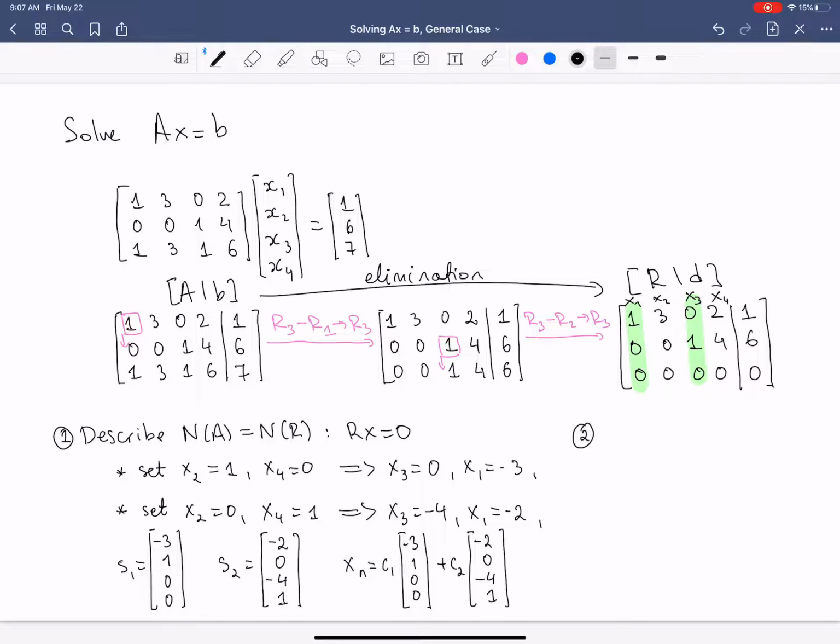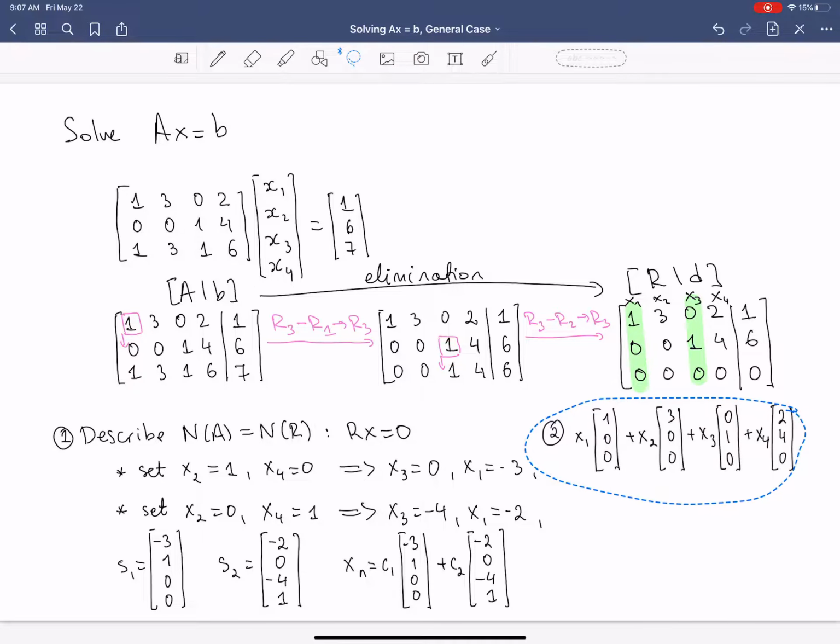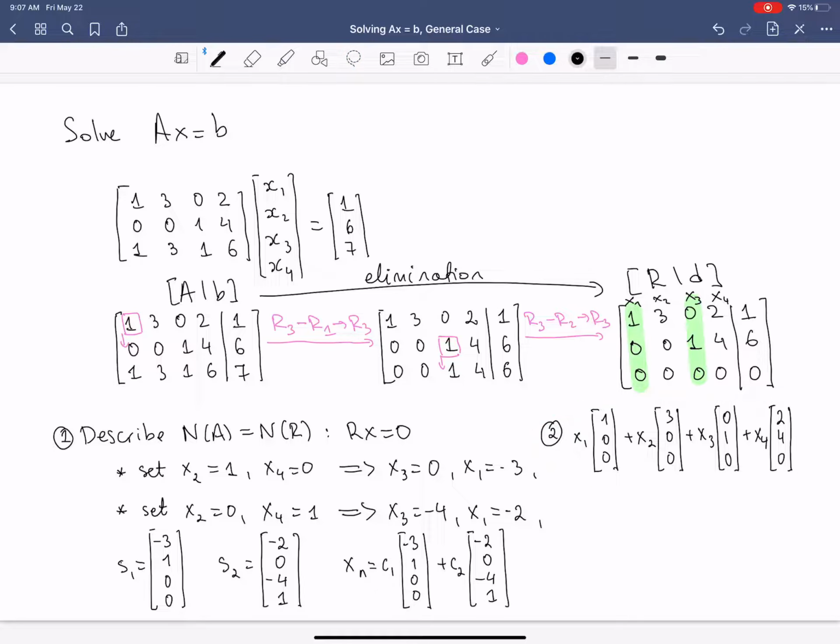So a particular solution literally says you want x1 times the first column, 1, 0, 0, plus x2 times the second column, 3, 0, 0, plus x3 times 0, 1, 0, plus x4 times 2, 4, 0, equals 1, 6, 0.